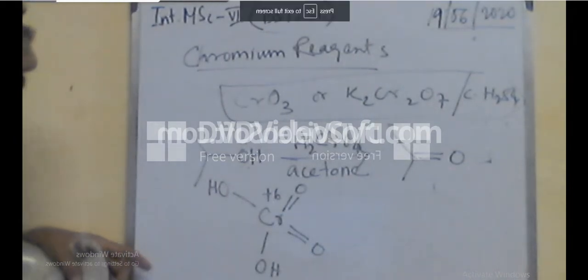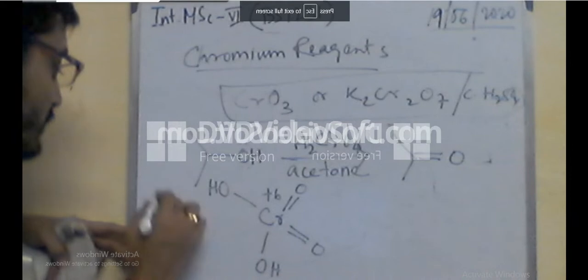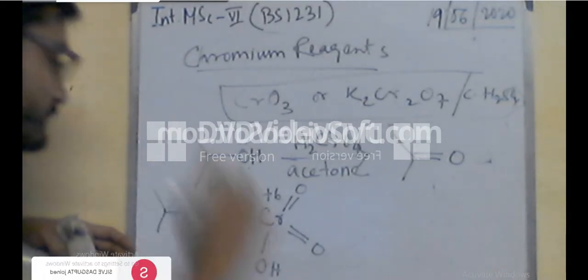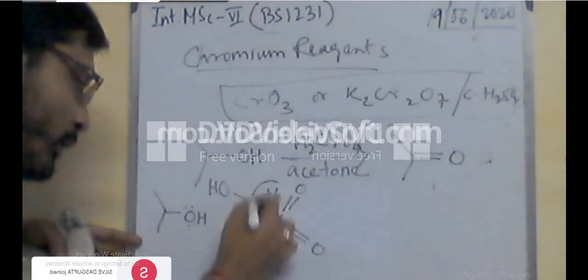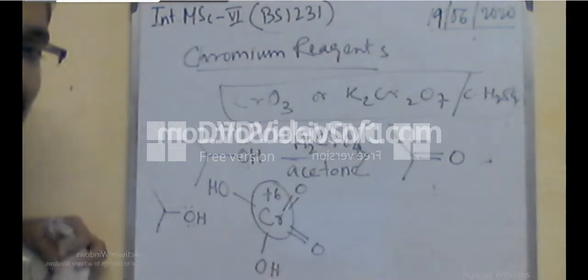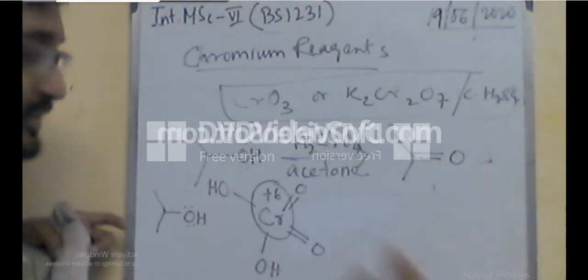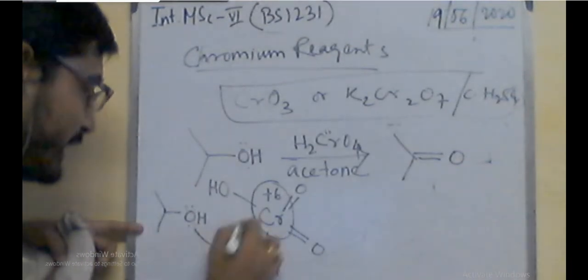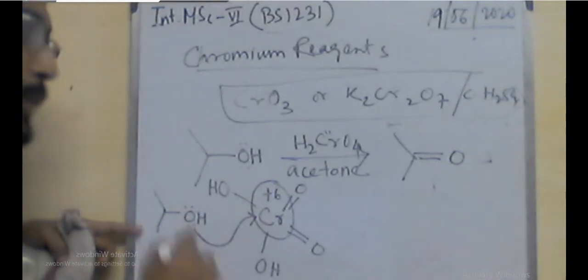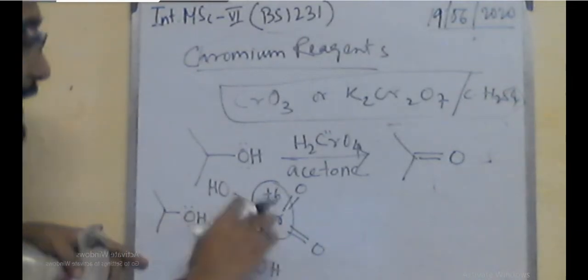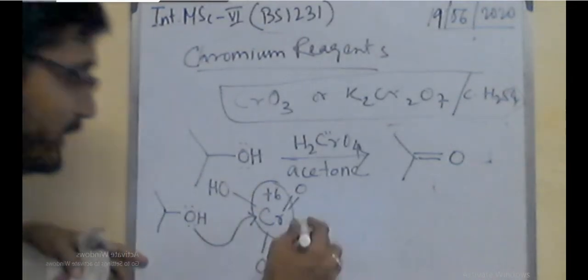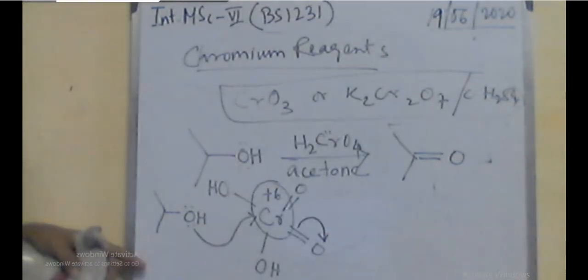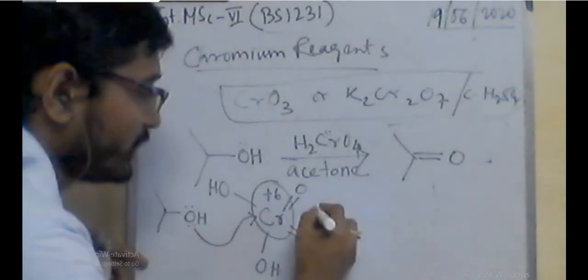The lone pair on the alcohol oxygen attacks this chromium center, and simultaneously the negative charge is localized over the electronegative oxygen, generating Cr double bond O, O minus, OH. After formation, this is not a stable structure.